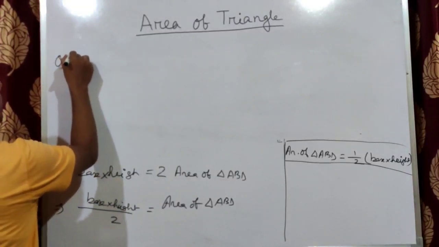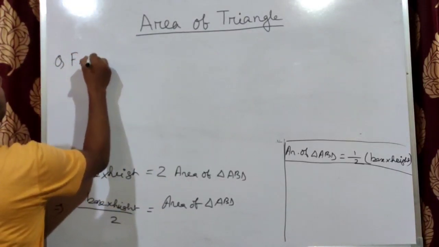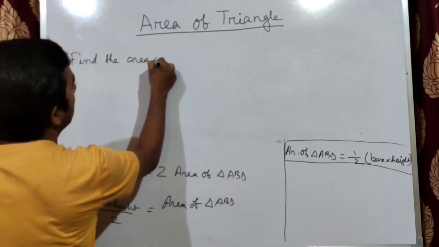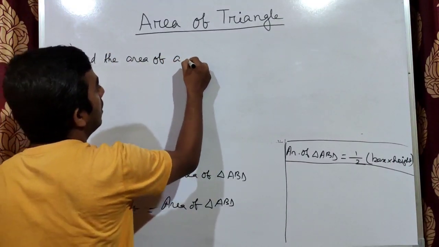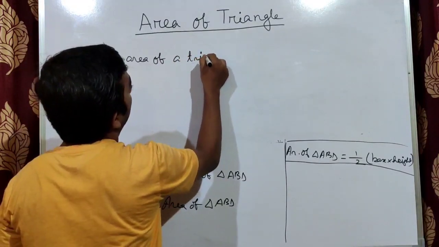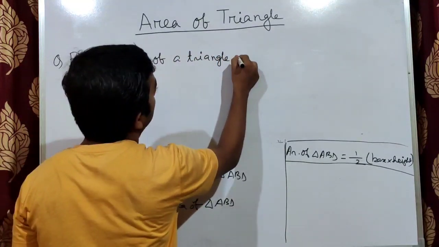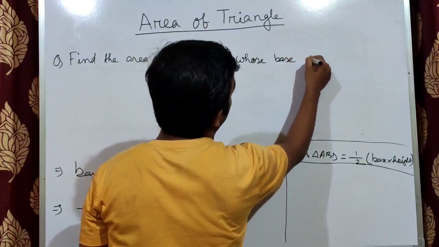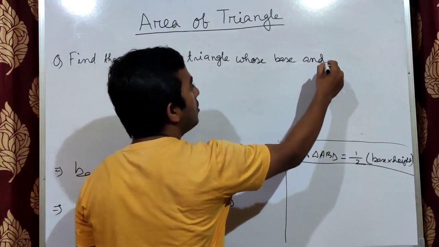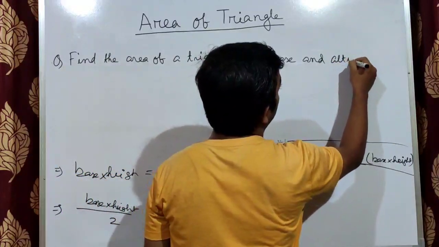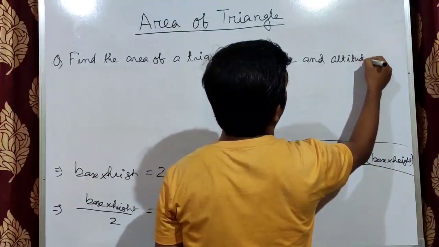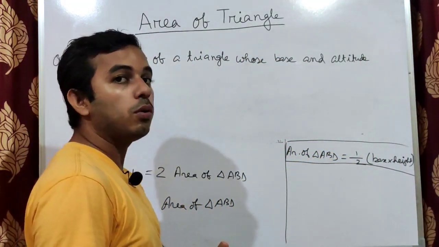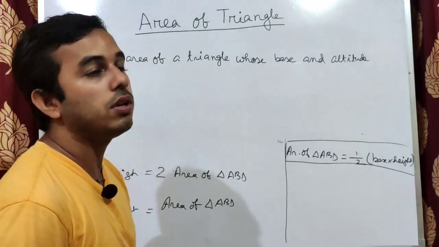Our question will be: find the area of a triangle whose base and altitude. One more homework is for you. What is the difference between altitude and height?